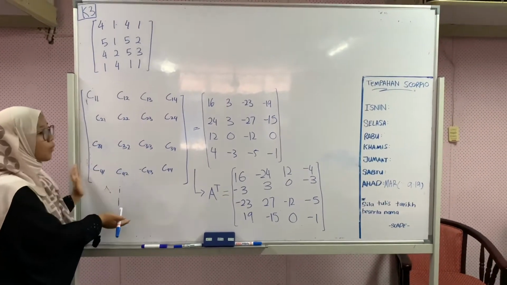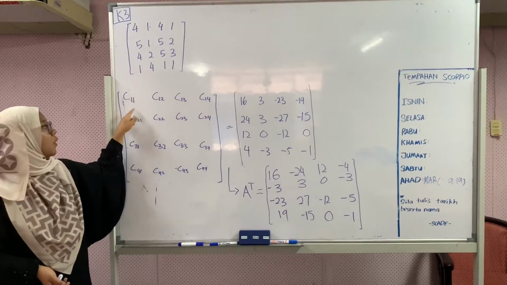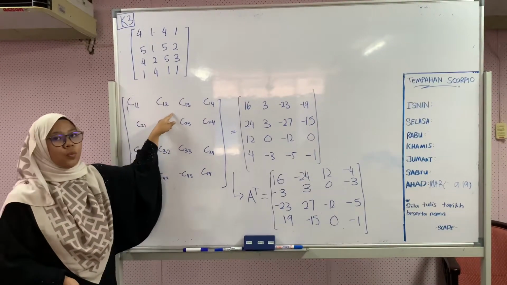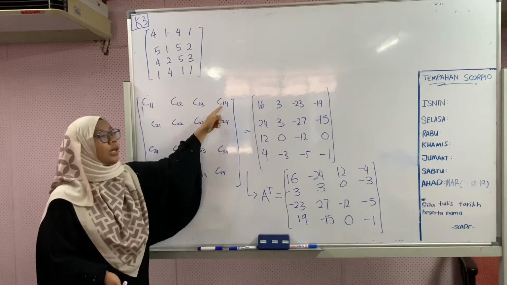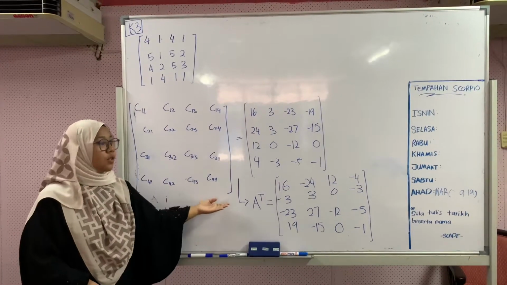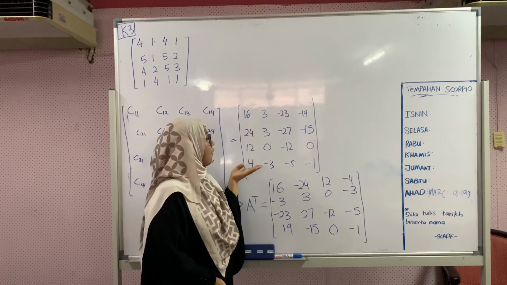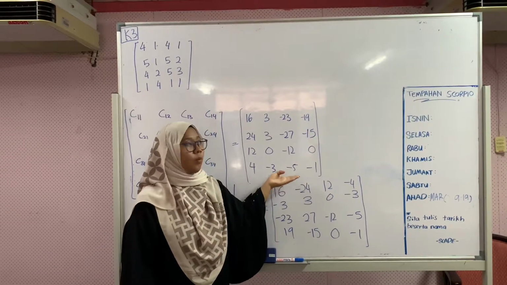So this is how we arrange the cofactors, which is by cofactors for row 1 and column 1, row 1 and column 2, row 1 and column 3, row 1 and column 4, and this is the next cofactors. So this is the value of cofactors that we get when we calculated it.